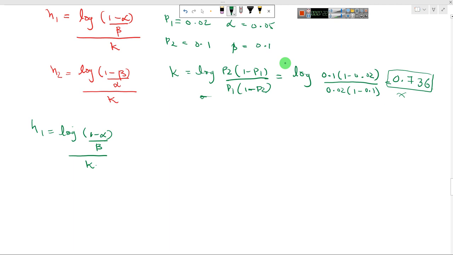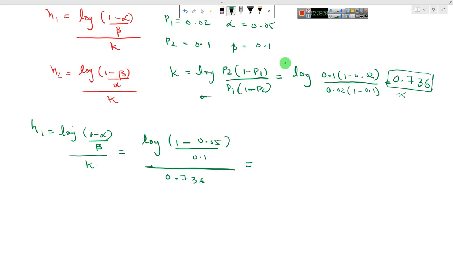Now we know all the values in the equation: log of (1 minus 0.05) divided by 0.1, divided by k, 0.736. Log of (1 minus 0.05) divided by 0.1 is equal to 0.9777236.